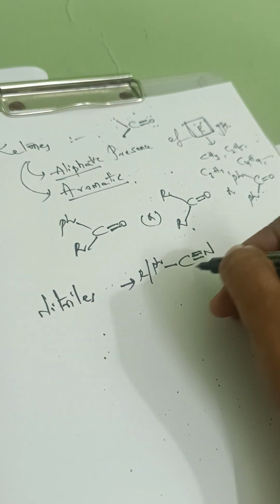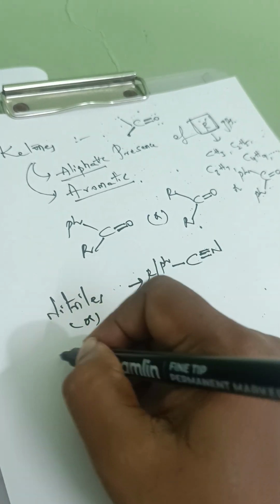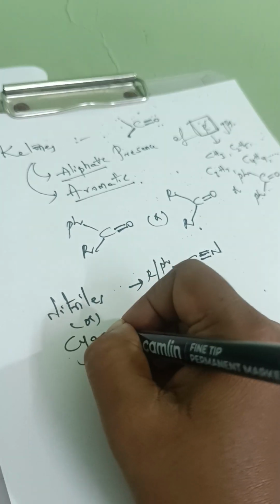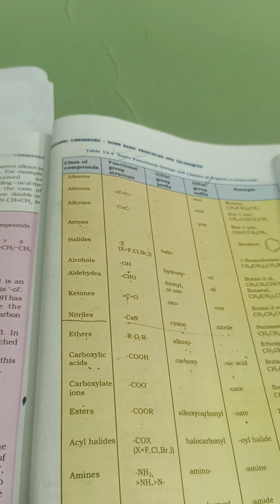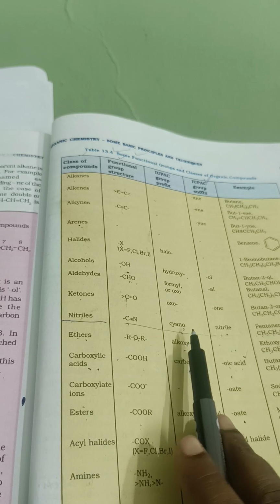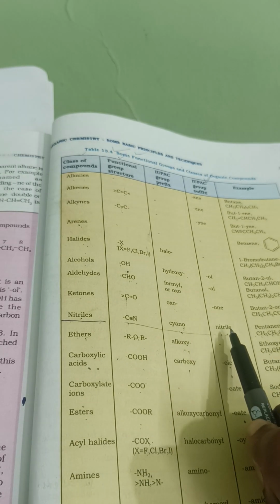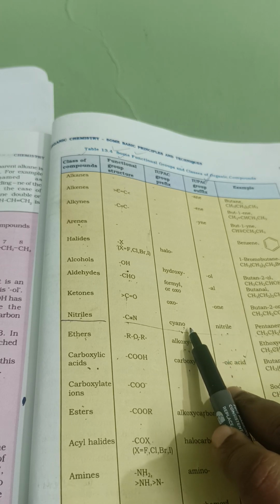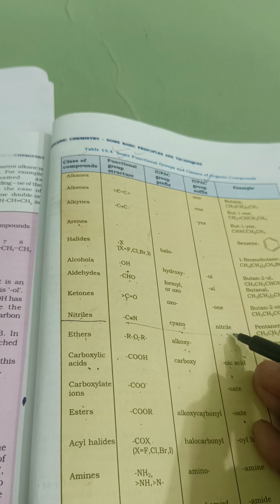These are called nitriles. Nitriles are also called cyanide. The prefix is cyano and the suffix is nitrile.